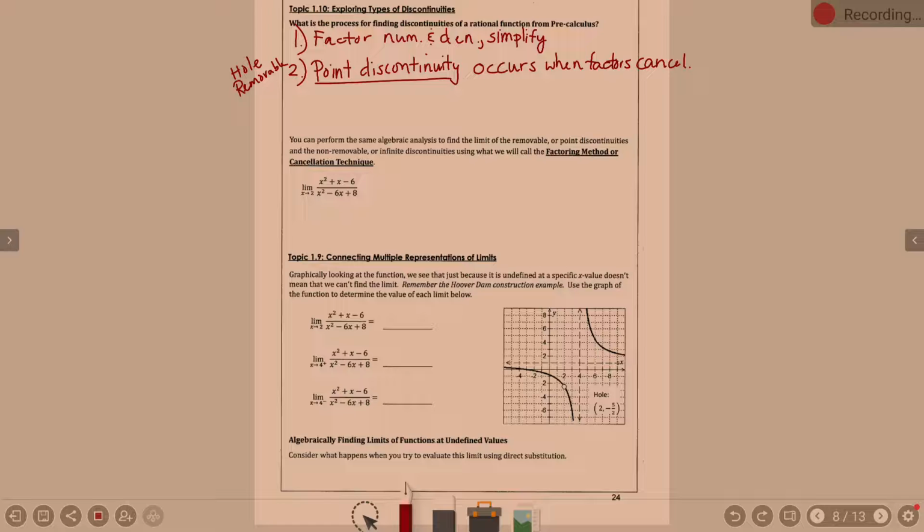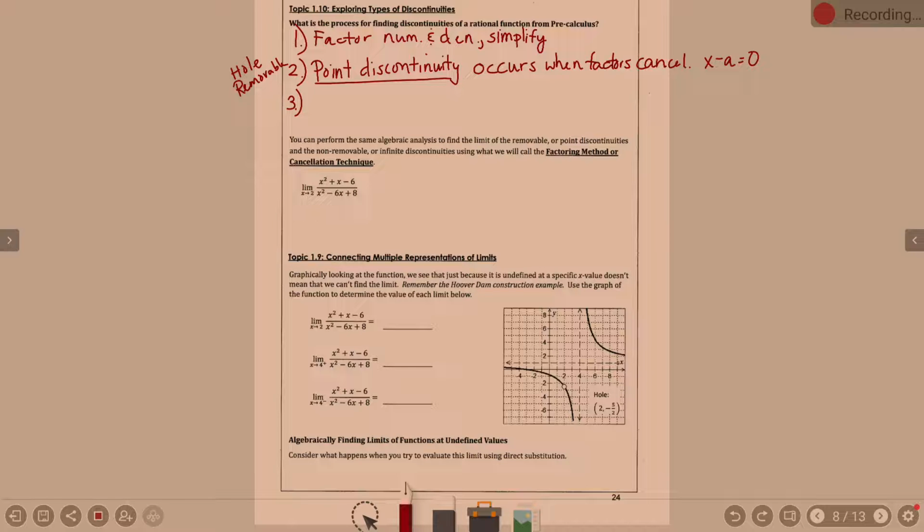And how do you find where that discontinuity is then? You set whatever it is equal to 0, right? So that was a point discontinuity, which is basically a hole.